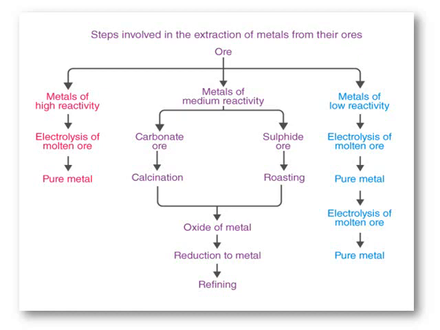By a process called calcination, carbonate ores are converted into oxide ores of the metal, and by the process of roasting, sulfide ores are converted into oxides of the metals. Then after becoming the oxides of the respective metals, they are reduced to metals and then refined. These processes we will see one by one in the next slides.